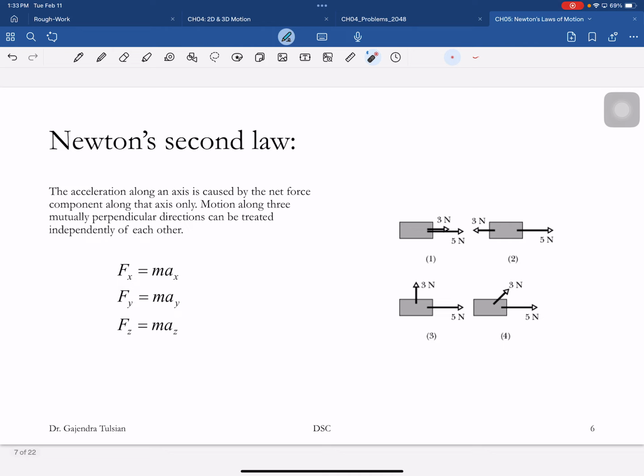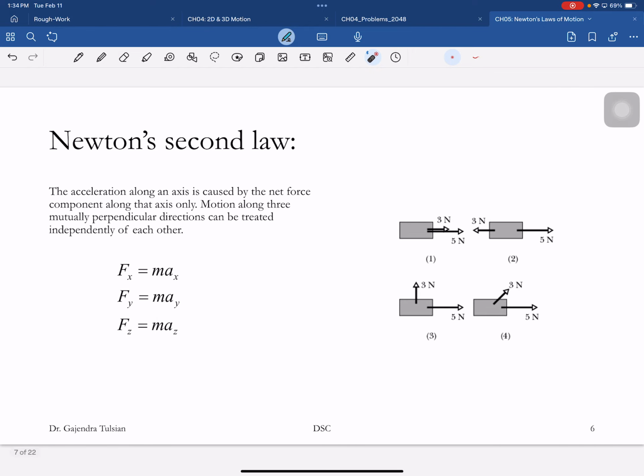So the x component of the force gives rise to the x component of the acceleration. What this is telling you is you can apply a force in the y direction that would not affect the x component of the motion. So the x component of the force gives rise to an acceleration in that direction and so on.